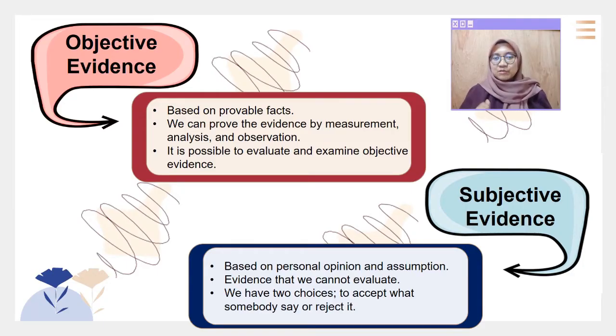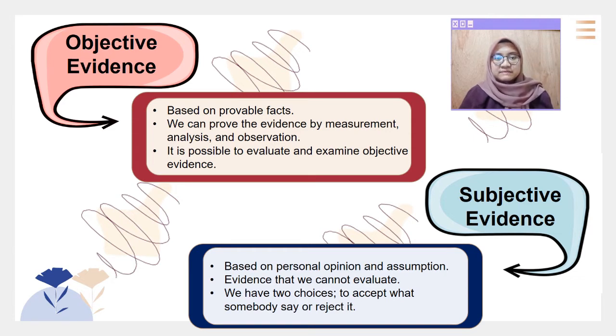Okay, now how about objective evidence and subjective evidence? Objective evidence is based on provable facts. We can prove the evidence through measurement, analysis, and observation. And it is possible to evaluate and examine objective evidence.